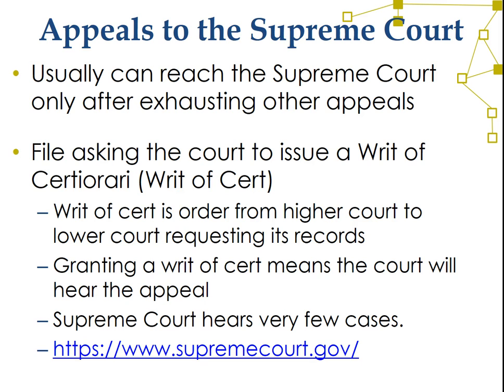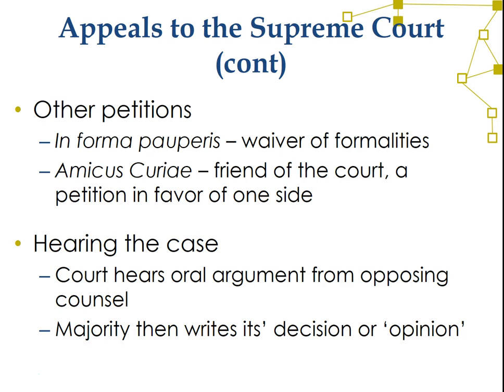The issues to be briefed will be stated by the court at that time. So that's why it's good to look at those court videos. And here's a link to the U.S. Supreme Court that talks a little bit about what the Supreme Court does and how it came about.